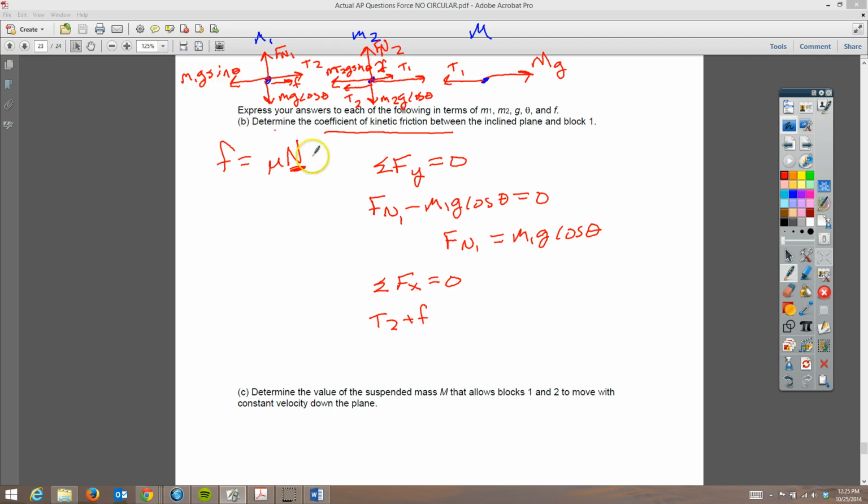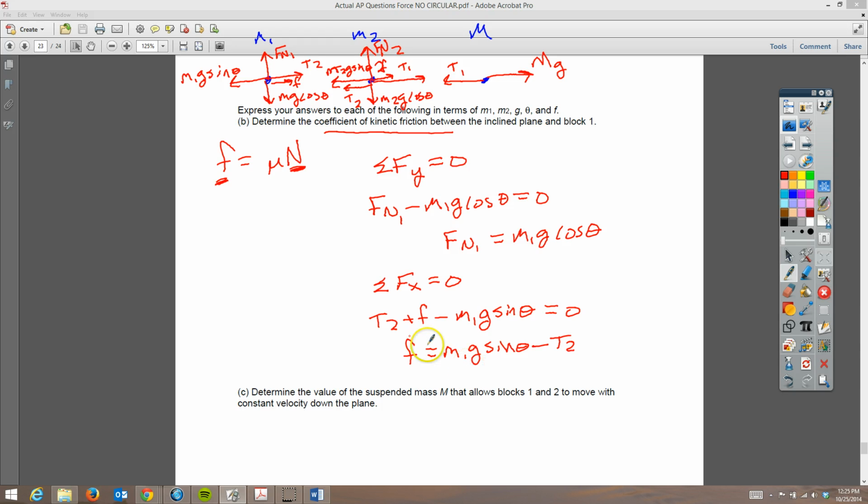And then going to the left, we have M1G sine of the angle, so that's minus M1G times the sine of the angle. And that's equal to 0. So we're looking for what F is. F is equal to M1G sine of the angle, because I added it to both sides, minus T2, because we subtracted tension from both sides.